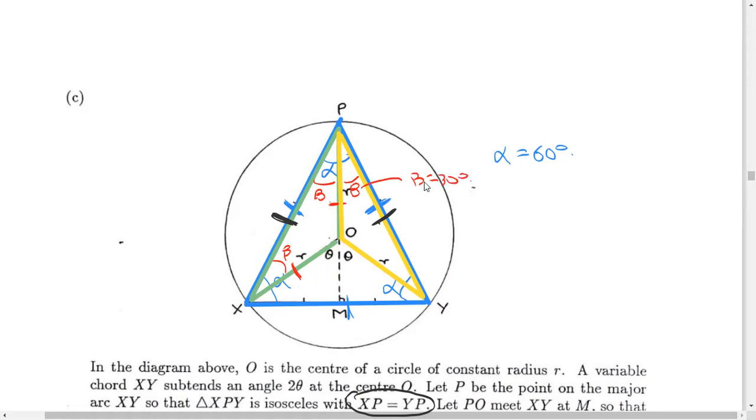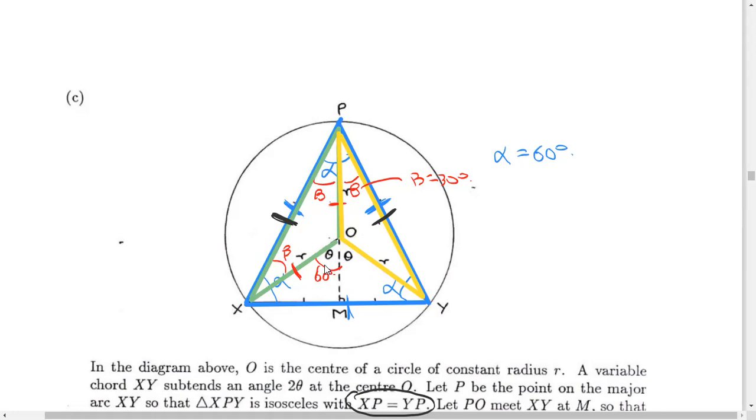If beta has to equal 30, then of course theta must equal 60. As a result of this, if this is 30 and that's 30, you can look at it in terms of angle sum of triangle. If that's 30, then that has to be 120, which means this has to be 60.